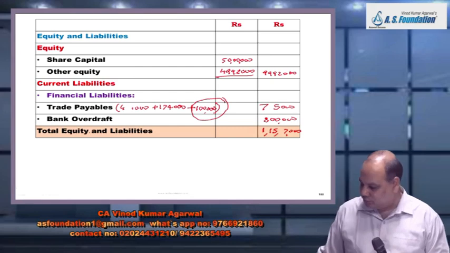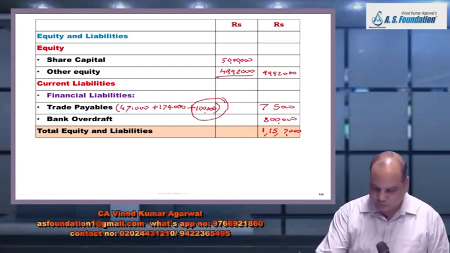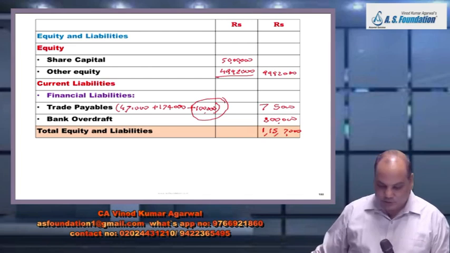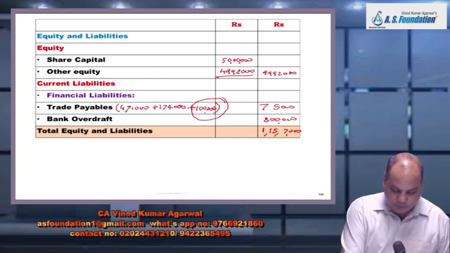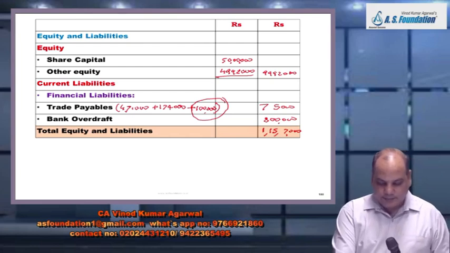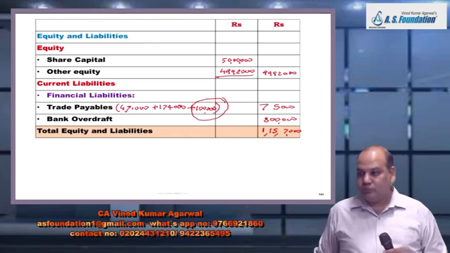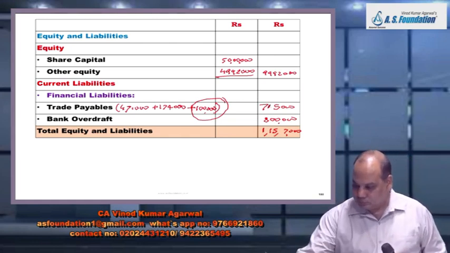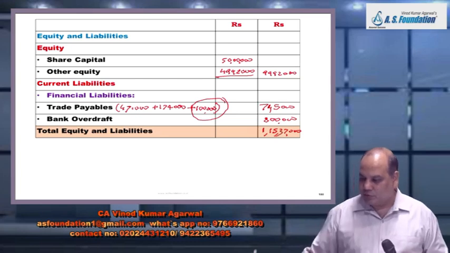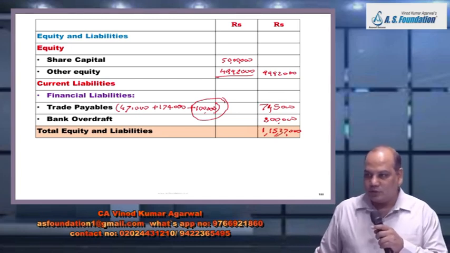Trade payable, if you check the total, it is not matching. Trade payable, make it 4,71,000. So what is the trade payable final figure? And this is 1 crore 15 lakh 37,000.